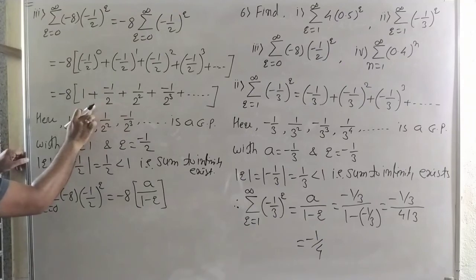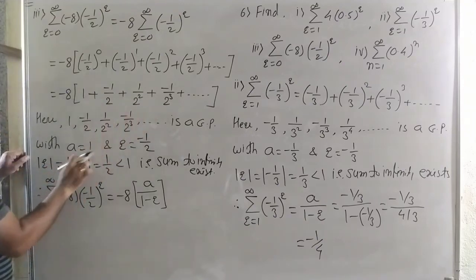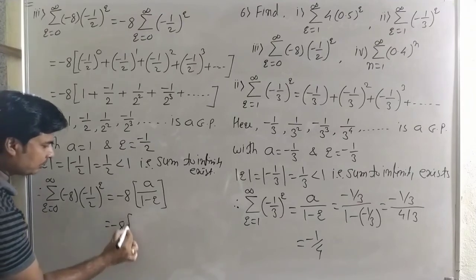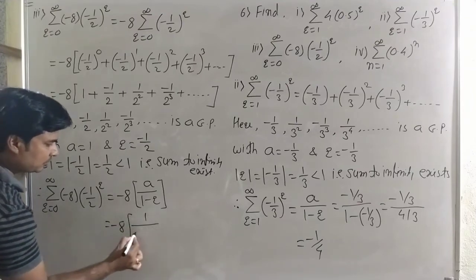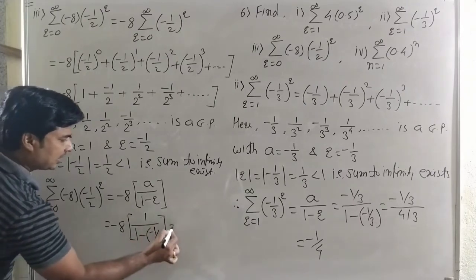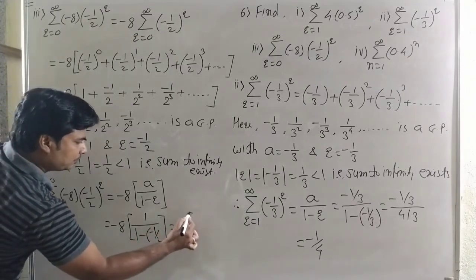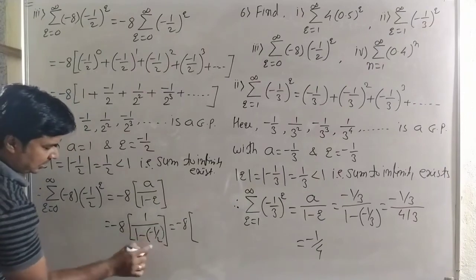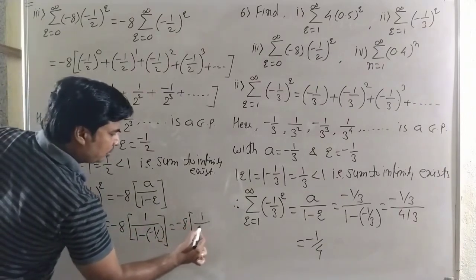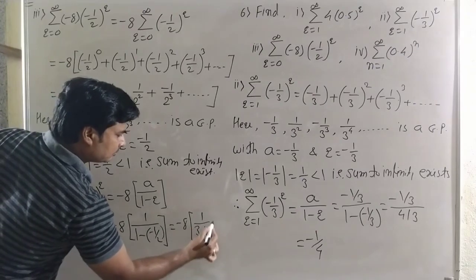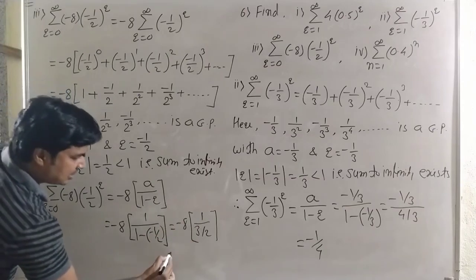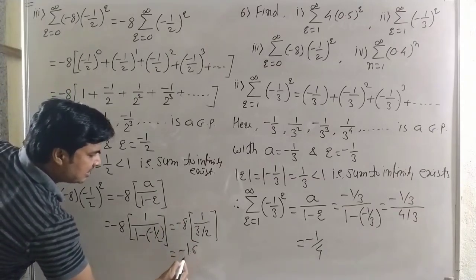Okay, and in this geometric progression a is equal to 1 and r is equal to minus 1 by 2, and therefore it is minus 8 into a, it is a 1 upon 1 minus 1 by 2. Then take the calculation, minus 8 into, here minus minus plus, it is a 3 by 2, 1 upon 3 by 2, then it is a 2 by 3, that means it is minus 16 by 3.